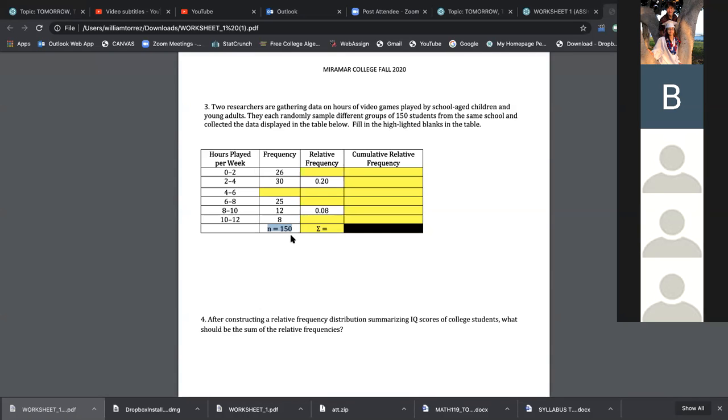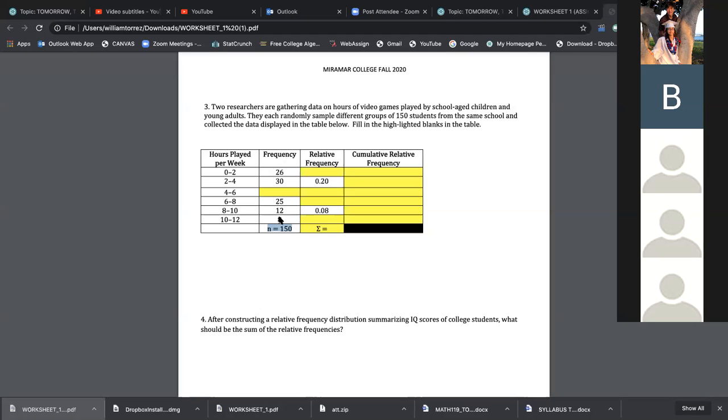90? Well, we've got a blank here, don't we? Okay, so let's see, you added up 26 and 30, that's 56. 56 and 25 is 81.